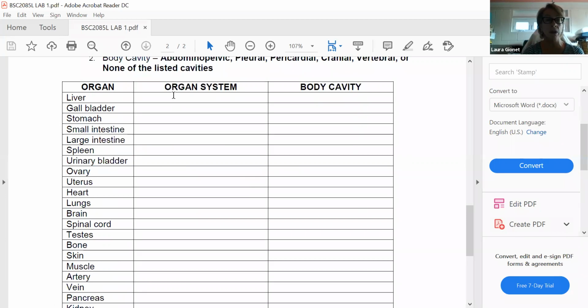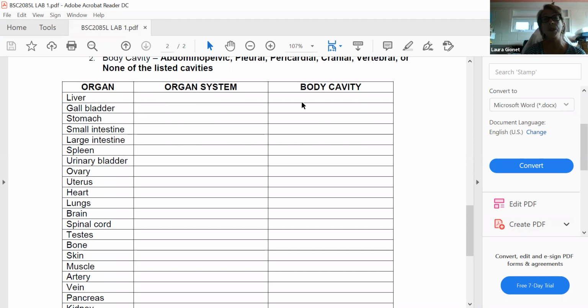So the liver, the gallbladder, the stomach, the small intestine, large intestine, they're all the same body system, right? And that is the digestive system. So digestive, or digestion, for liver, gallbladder, stomach, small intestine, large intestine, and they're all contained in the same body cavity.